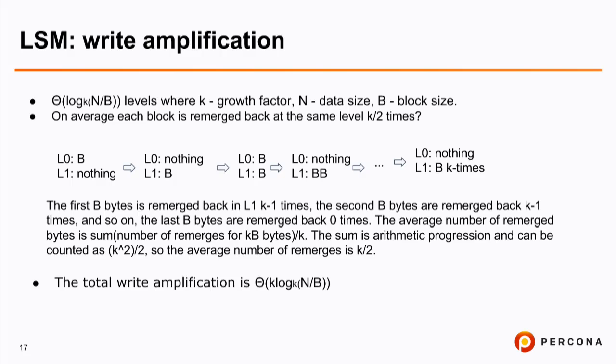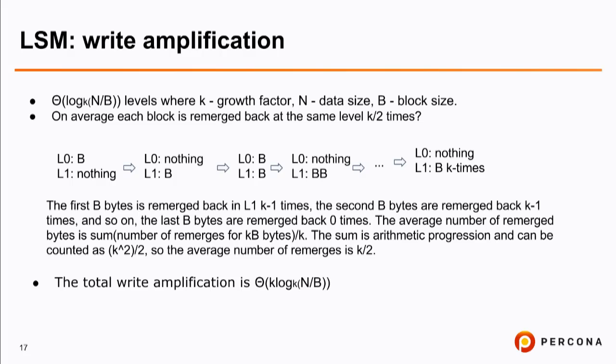How can we count write amplification for LSM? The key idea here is to find the number of remerges, or rather the average number of remerges for the level. For example, we have two levels, L0 and L1.